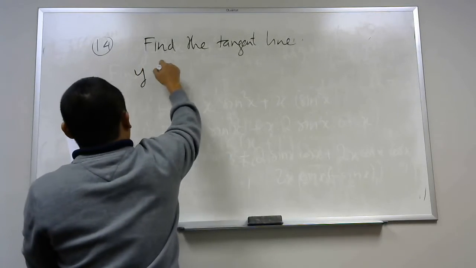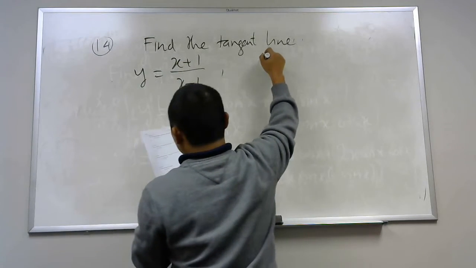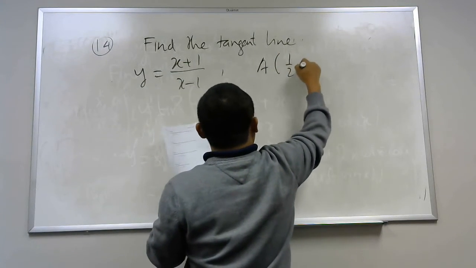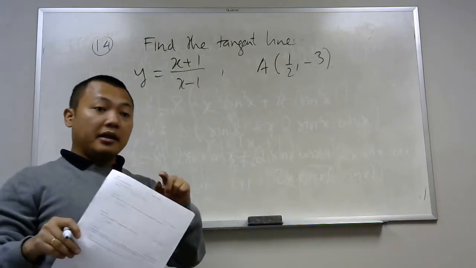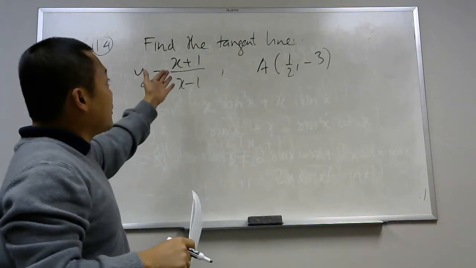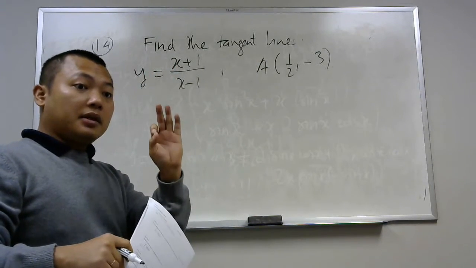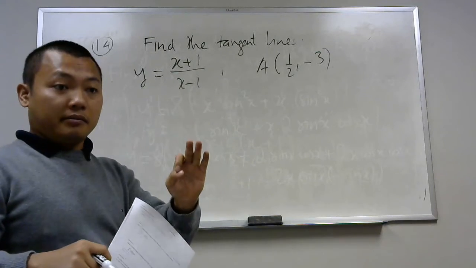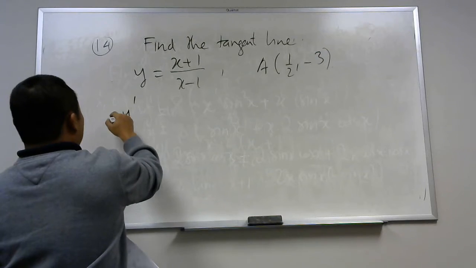The function is y equals (x plus 1) over (x minus 1), and the point is (1/2, -3). So we need to find a tangent line at a given point. In order to find a tangent line, the first step is to find the derivative, because the derivative is the slope of the tangent line. So first I have to find the derivative.